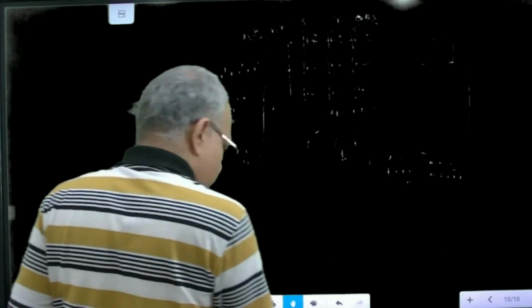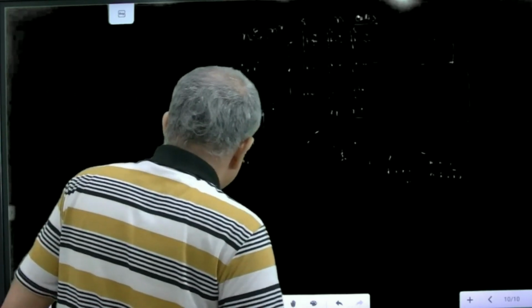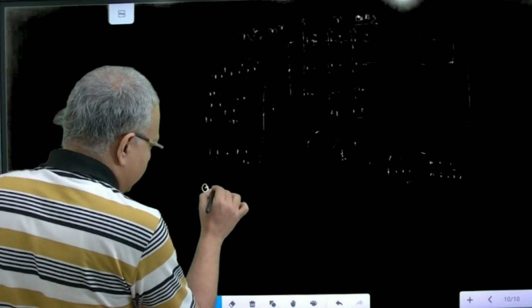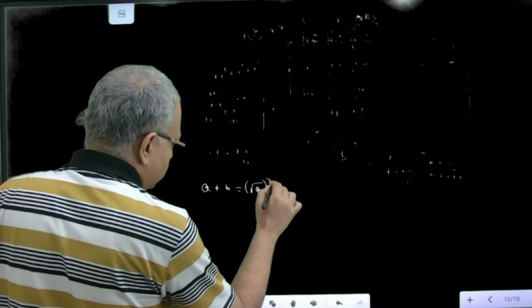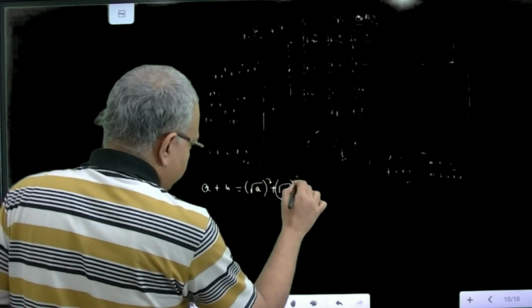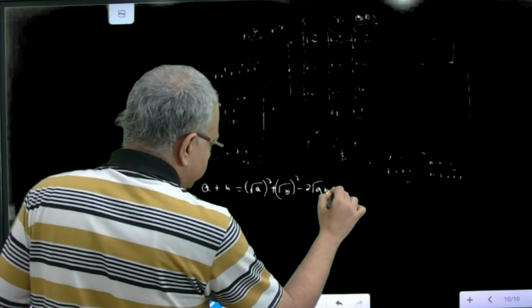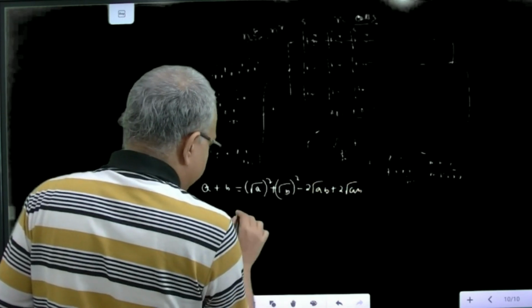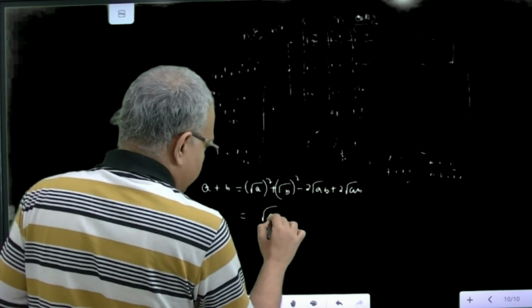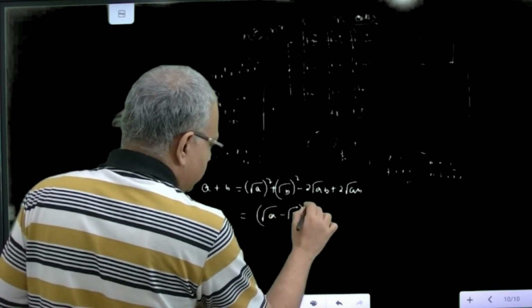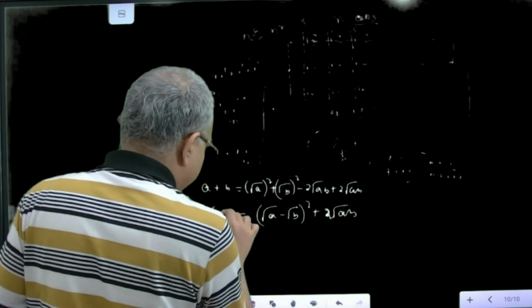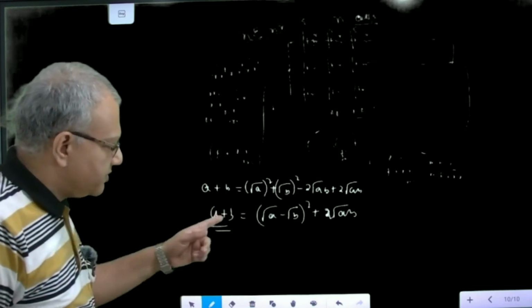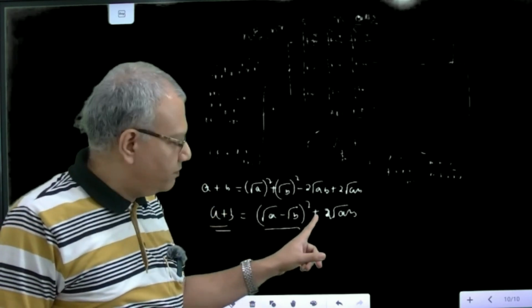Just think, suppose a plus b, can't I write root a whole square, root b minus 2 root ab plus 2 root ab? Definitely I can write. So therefore root a minus root b whole square plus 2 root ab is the expression of a plus b. Actually, the expression of a plus b is a square of something plus something.